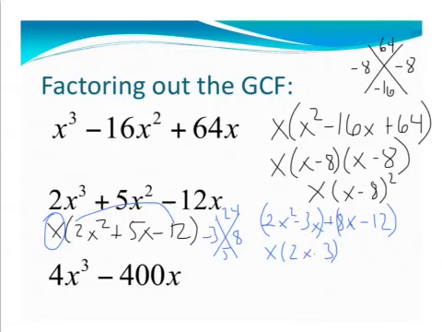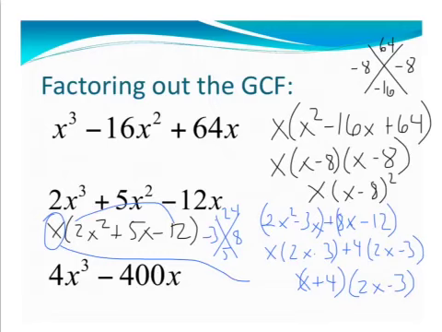And here I can take out, let's see here, how about a 4? So I have 4, and I get 2x minus 3 left inside. So what I have here is (x plus 4) and (2x minus 3). And do not forget about our little friend that was just hanging out in front. We're going to put that x out in front here.